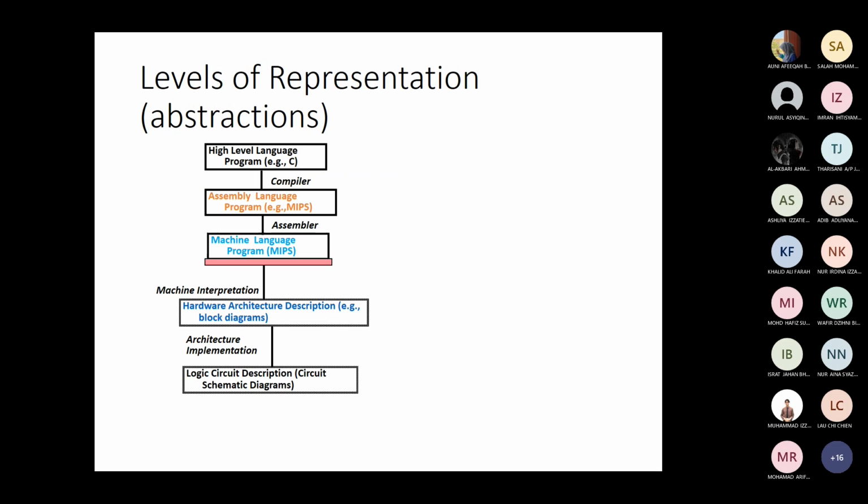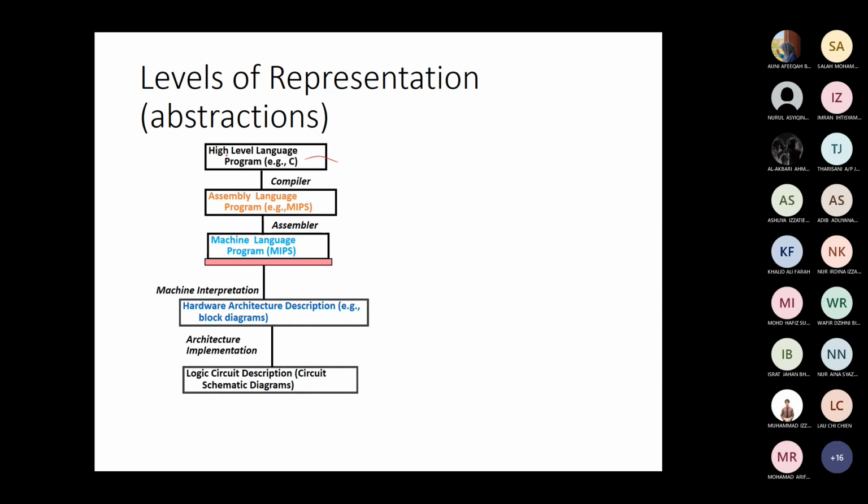First is the abstraction, or the levels of representation, in your programming and in your computers. You have learned about high-level languages, for example C++, Java, or PHP.